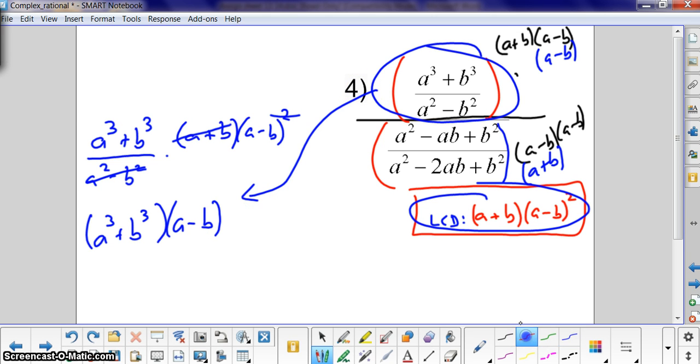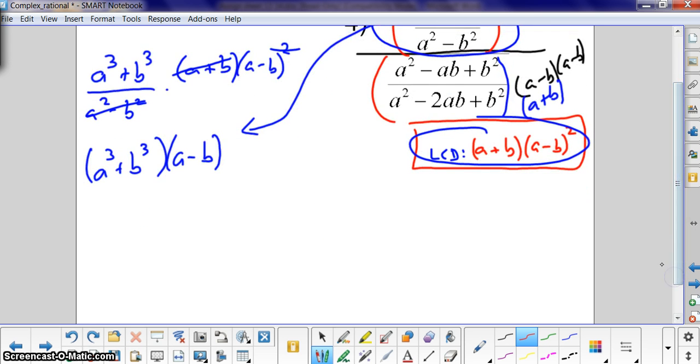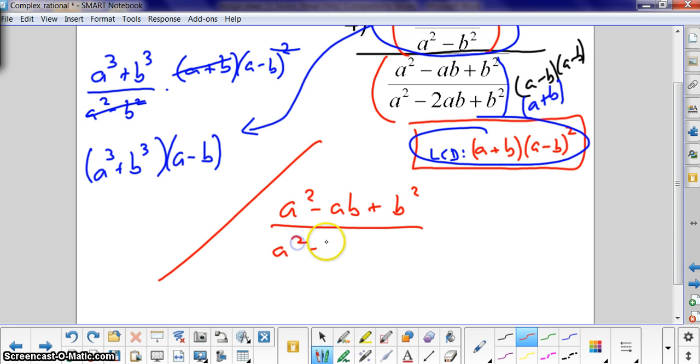Now if I go to my denominator, and let me go to a different space, I'm going to have a squared minus ab plus b squared over a squared minus 2ab plus b squared, and I'm going to multiply that by my least common denominator, which was a plus b and a minus b quantity squared.